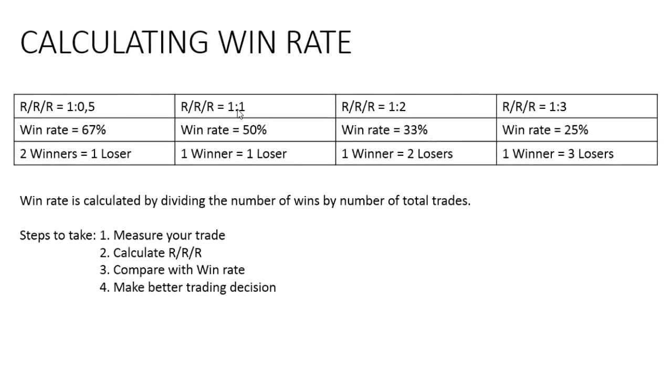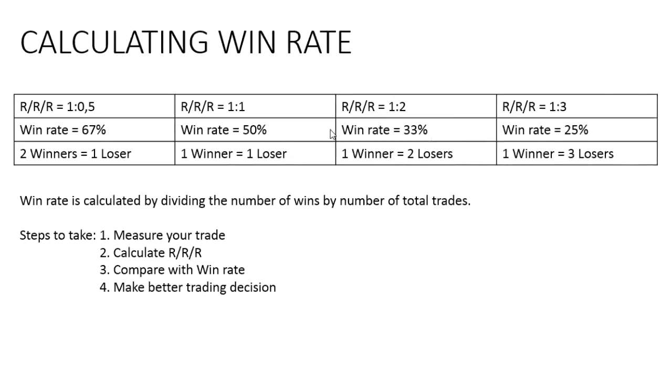Using 1:1, you need 50% profitable trades, the trades that go in your direction. And with 1:2, you need at least 33%. That means out of 100 trades, if 33 trades go in your direction, you are still able to stay consistent.